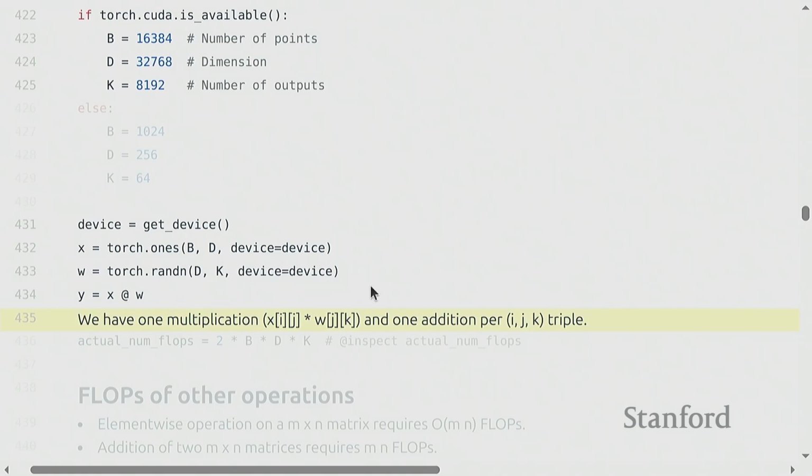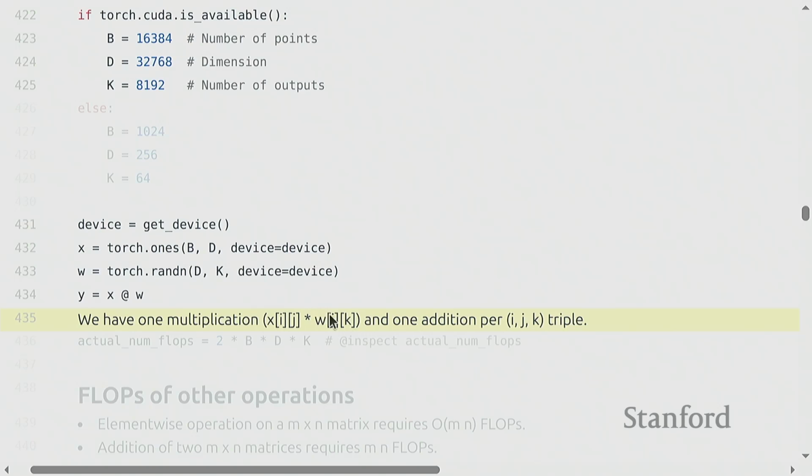And the question is, how many flops was that? The way you look at this is, when you do the matrix multiplication, for every i, j, k triple, I have to multiply 2 numbers together, and I also have to add that number to the total.